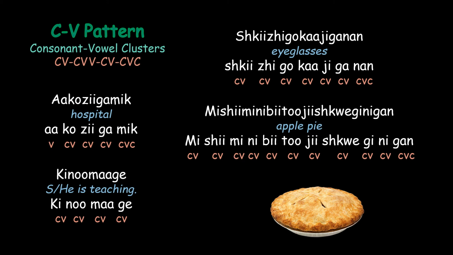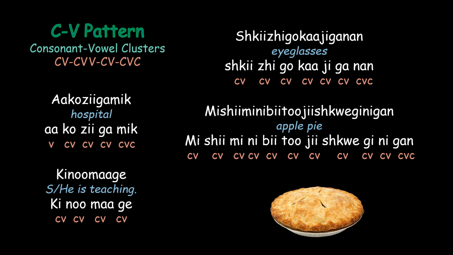Akozigamik. Looking at the word below it, kinomage. In this situation, the pattern is followed across the whole word. Ki, consonant being the k, and vowel i. The syllable no, consonant being n, and vowel being the double o.